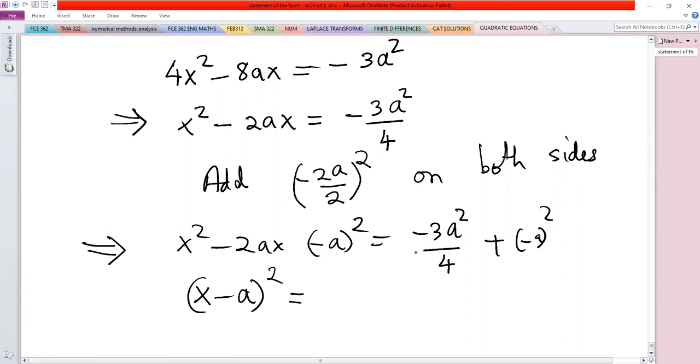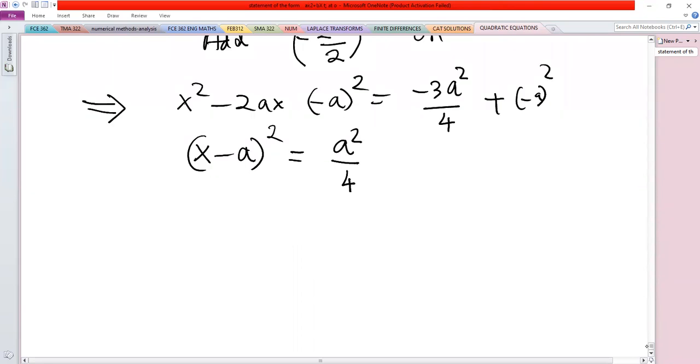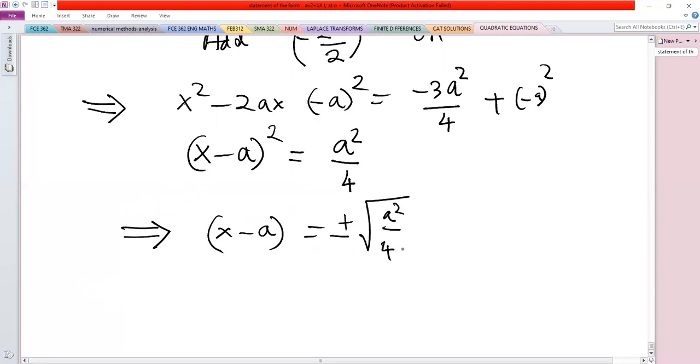Minus 3 over 4 a squared plus a squared will give us a squared over 4. And so you take the square root on both sides. So x minus a will be plus or minus the square root of a squared over 4, which is plus or minus a over 2.